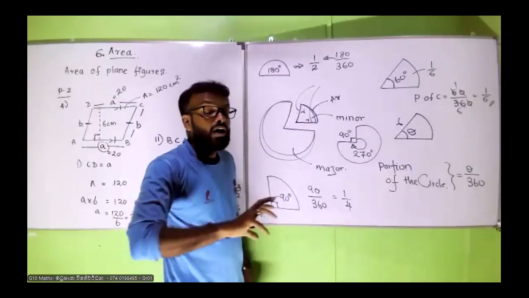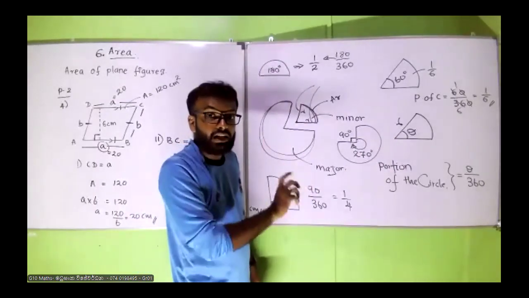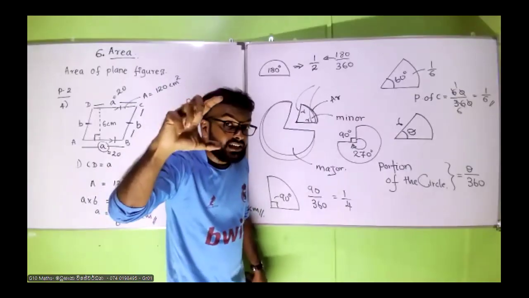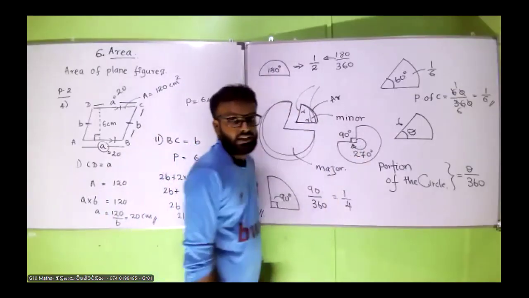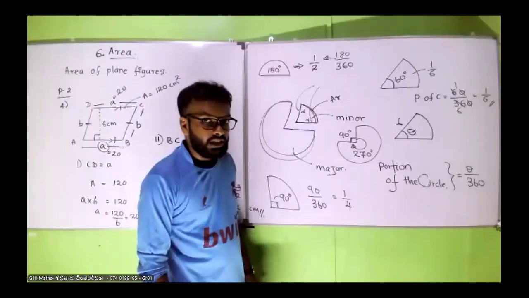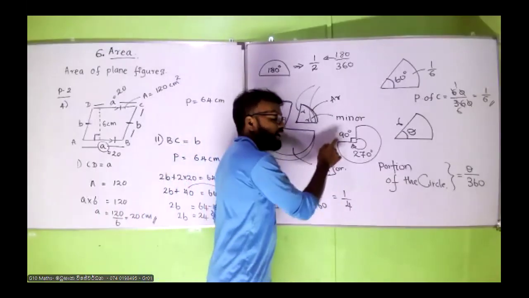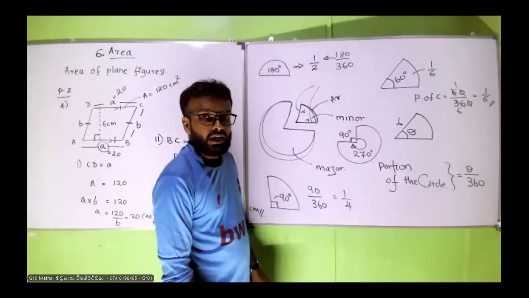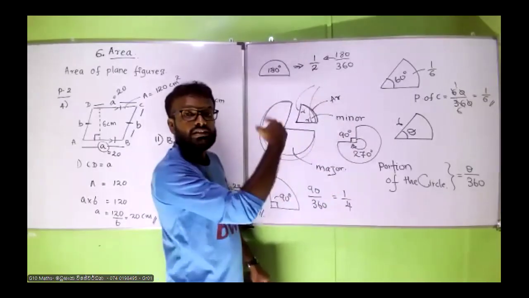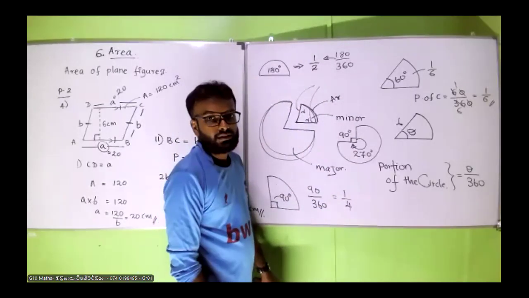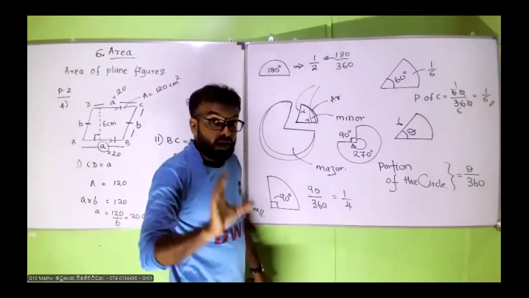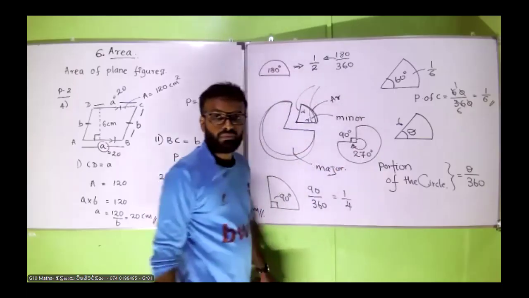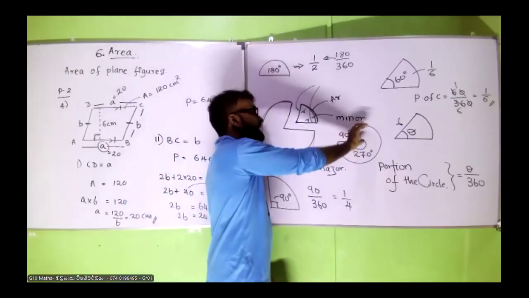So I have measured my angle inside the circle, and the angle at the center is 270. This 90 degrees is an open part. So the angle at the center is this, and we have measured it inside the circle.